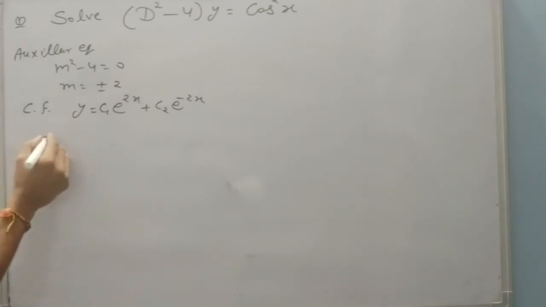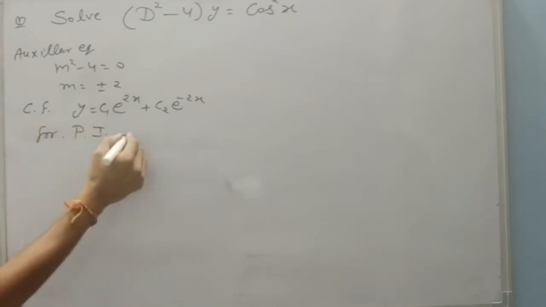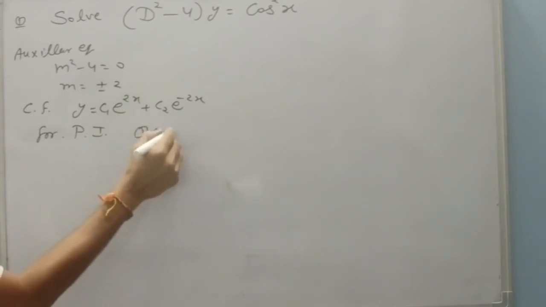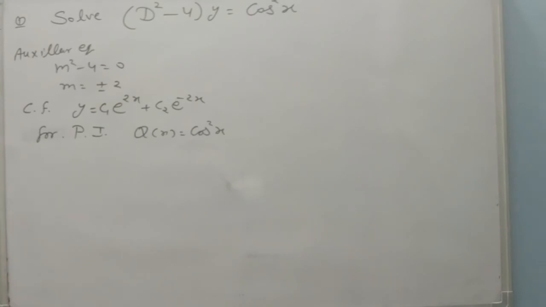Now for PI, here we can say Q of x is equal to cos square x. I have the formula for cos ax, not cos square ax.